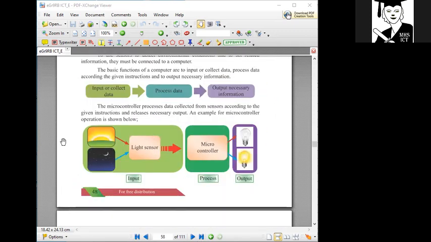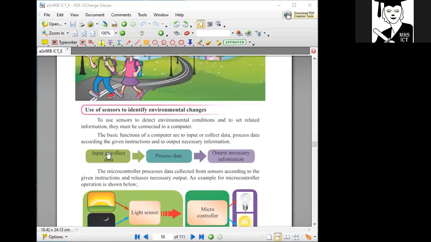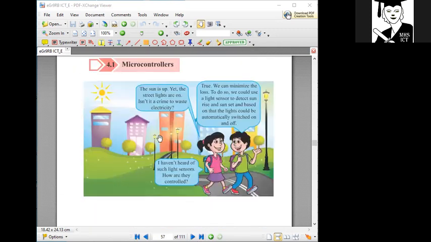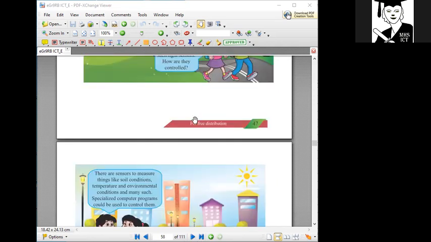Now it detects the sensors. There are many sensors as mentioned in the introduction here. What are those sensors? There is a sensor to measure soil condition, and temperature. So we are giving a certain temperature level.